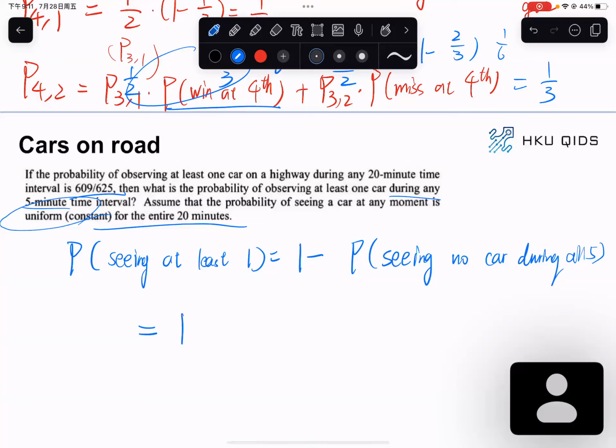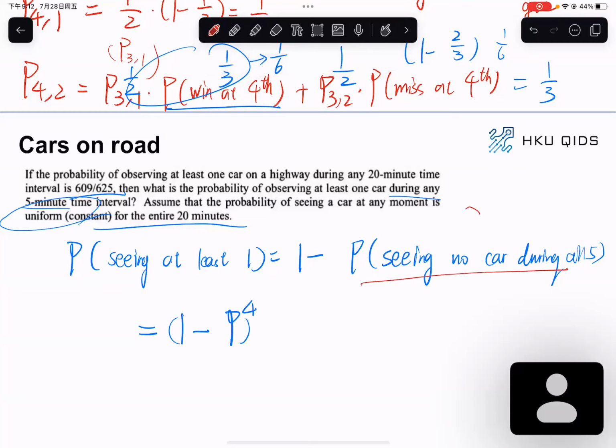So let's just denote this one as P, the probability of seeing at least one car during 5 minutes.